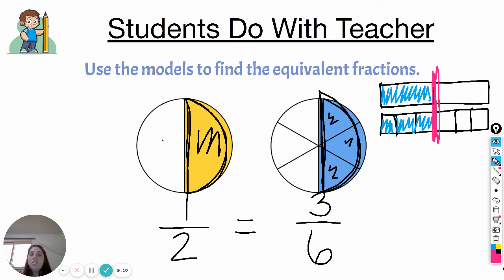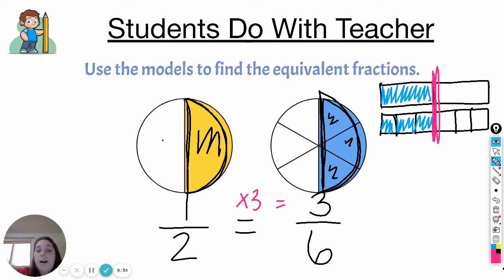And then I also wanted to go over a little trick with you. It's not something you need to know yet for today, but it's something that we're going to look at later. So it's just something for you to think about. If we look at this 1 here, 1 times 3 equals 3.